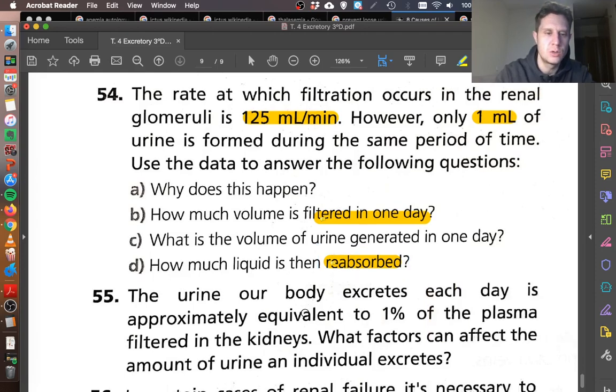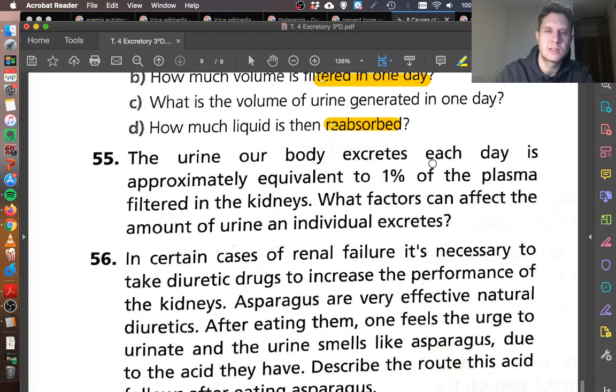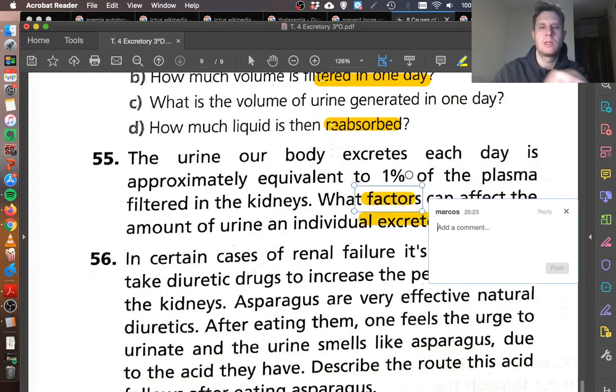Okay, good. The urine our body excretes each day is approximately equivalent to 1% of the plasma filtered in the kidney. What factors can affect the amount of urine an individual excretes? Consumption of toxins like alcohol.